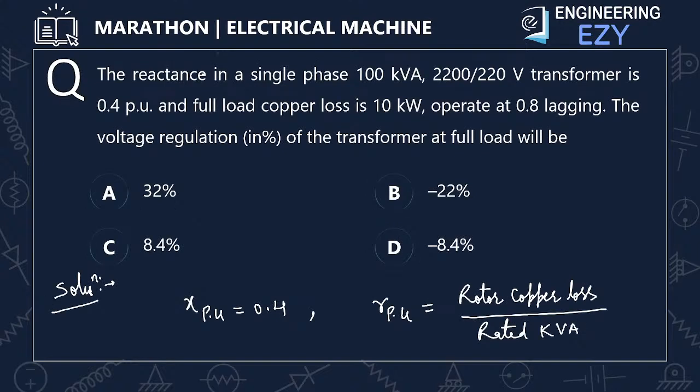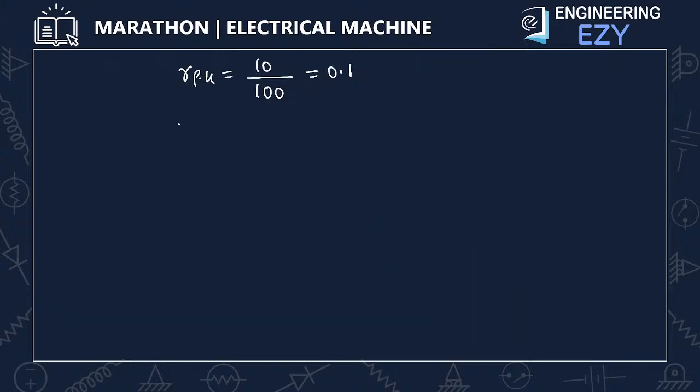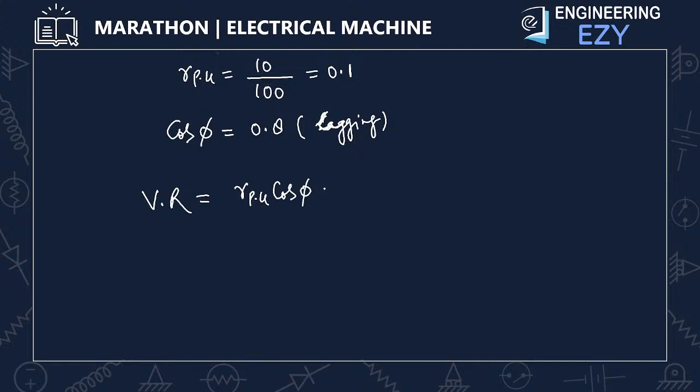Load power factor cos phi is given as 0.8 and it is lagging. And if the transformer load power factor, R per unit and X per unit are given, we can calculate the voltage regulation in terms of per unit as R per unit cos phi plus X per unit sin phi.